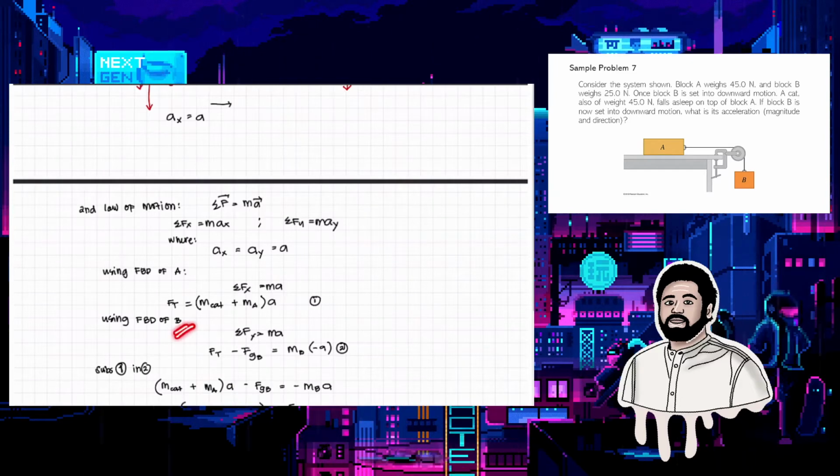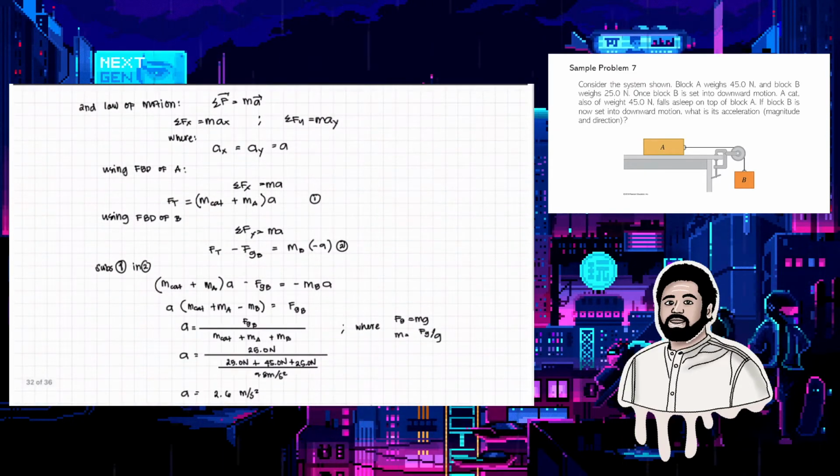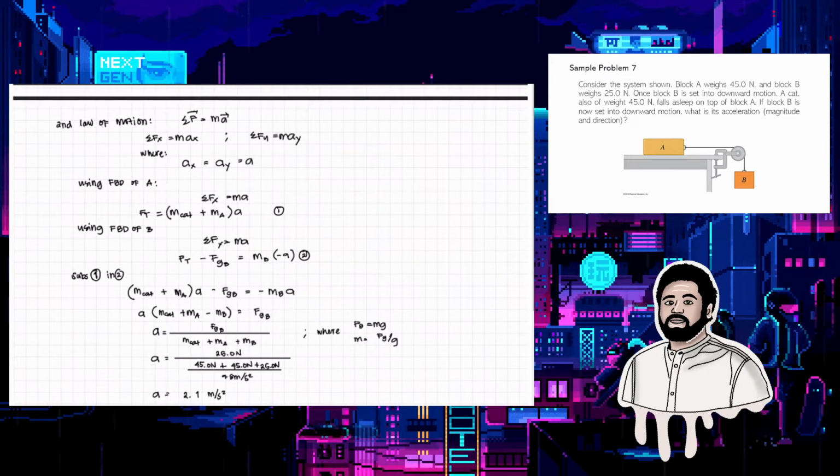Using FBD B, summation of forces along the Y is equal to MA. So we have Ft minus Fg of B equal to the mass of the accelerating body, m_B, times negative A because it is pointing downwards for our direction.